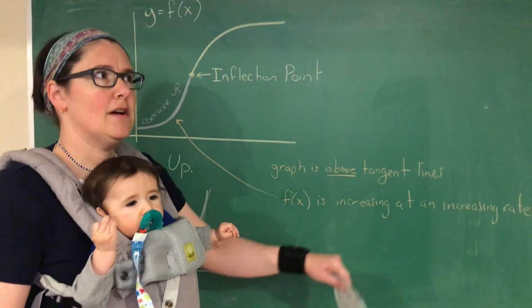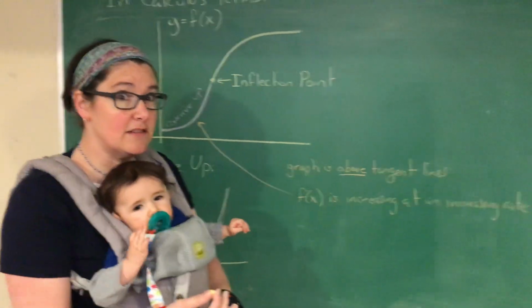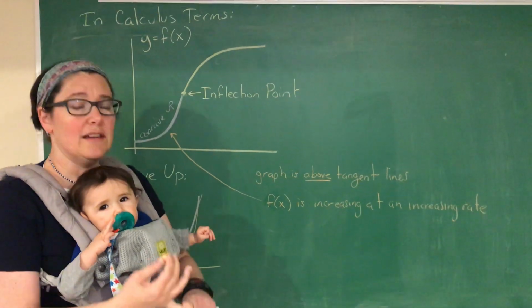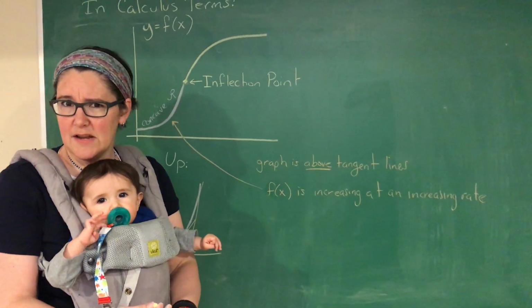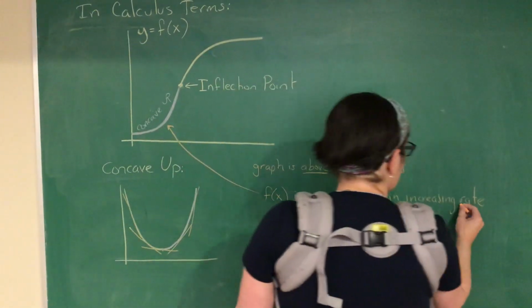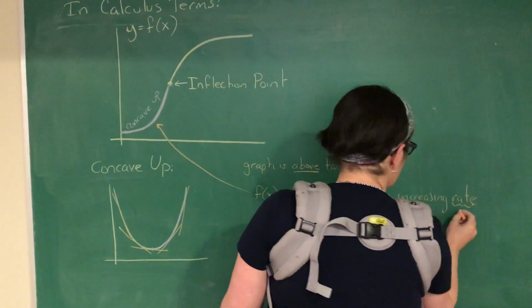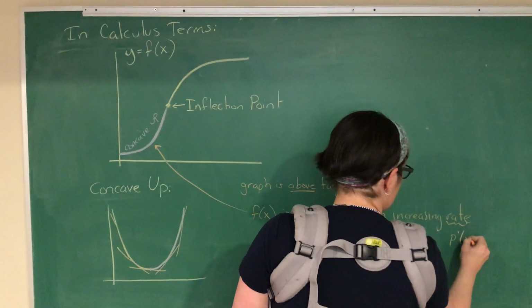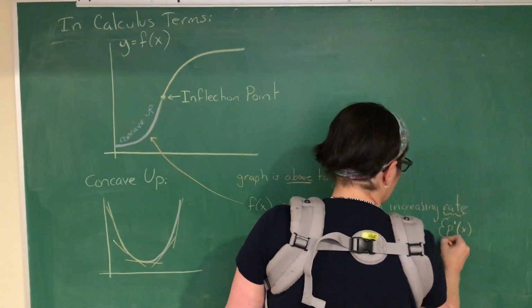Now, calculus-wise, as soon as I hear the word rate, I immediately think about things like instantaneous rate of change, and as soon as I hear instantaneous rate of change, I think about derivative. So increasing rate, well, that means I'm thinking about f prime of x.